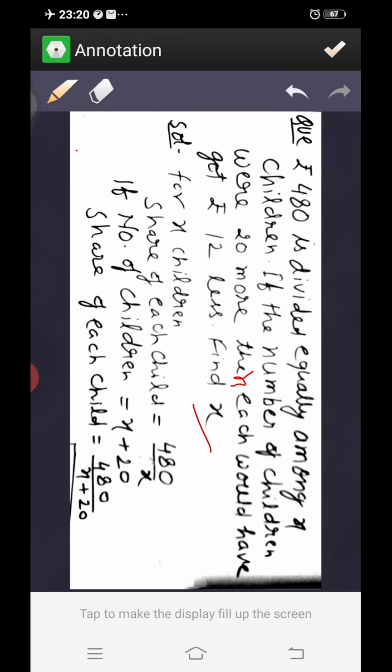So for x children, the share of each child, 480 rupees divided among x children, will be 480 upon x. If the number of children is x plus 20, then the share of each child will be 480 upon x plus 20.